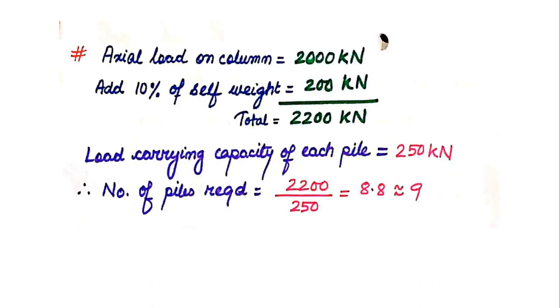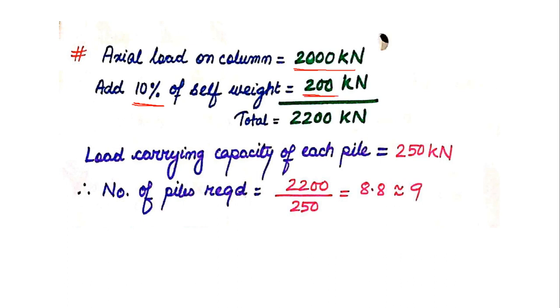Now I know that the load coming into the column is 2000 kilonewton. Now what I will do, I will consider the self weight of the pile cap as 10% of the load coming into the column. So 10% of 2000 will be 200 kilonewton.